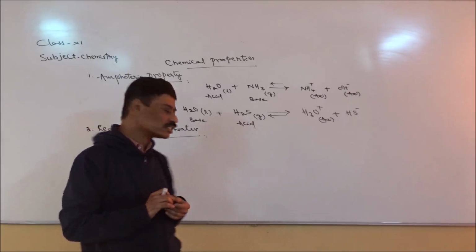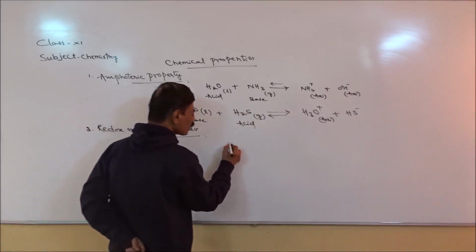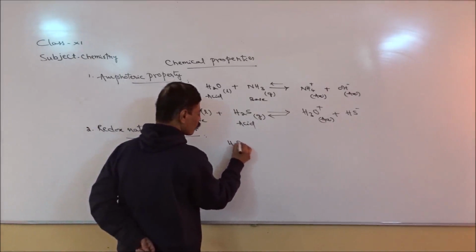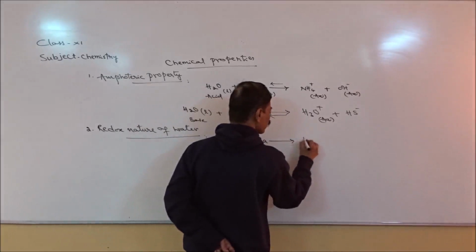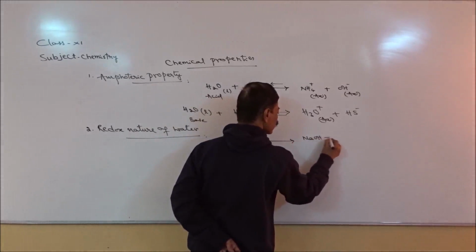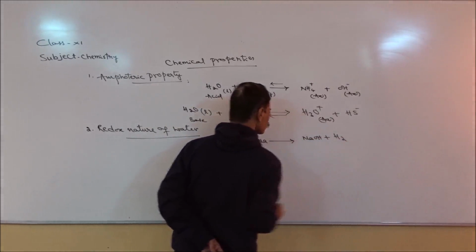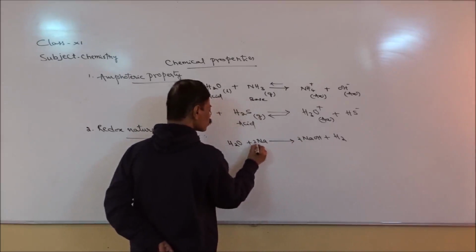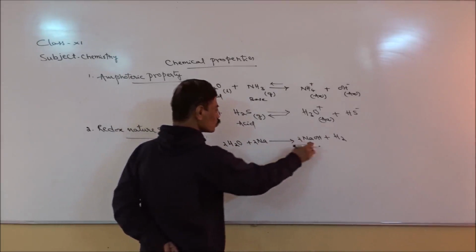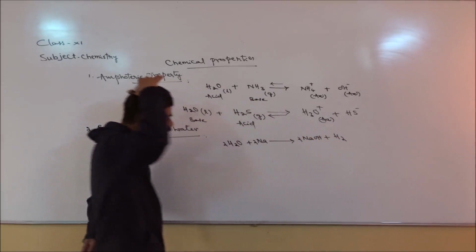It is a highly reactive metal. So when water is treated with sodium metal, we will get sodium hydroxide plus H2 gas. Right? So 2 sodium atoms, 2 H2, oxygen 2 atoms and 4. Yeah, it is balanced.